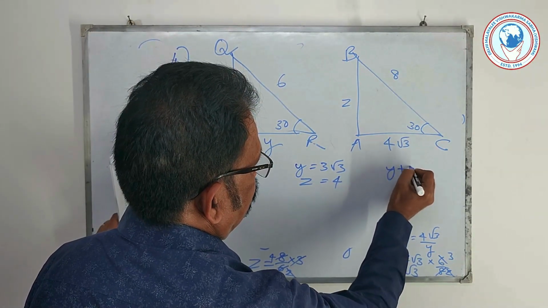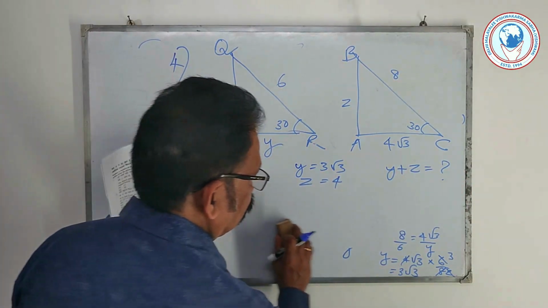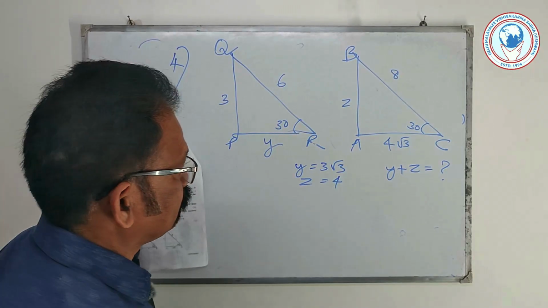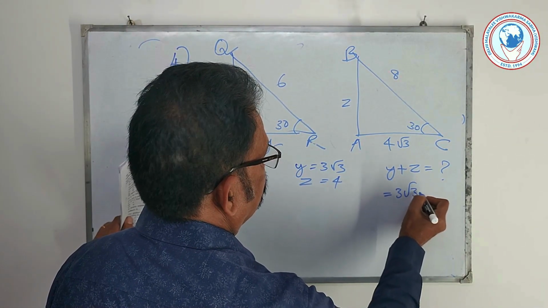We want y plus z. This is equal to 3 root 3 plus 4.